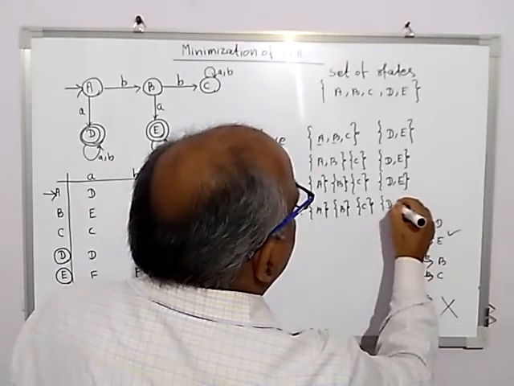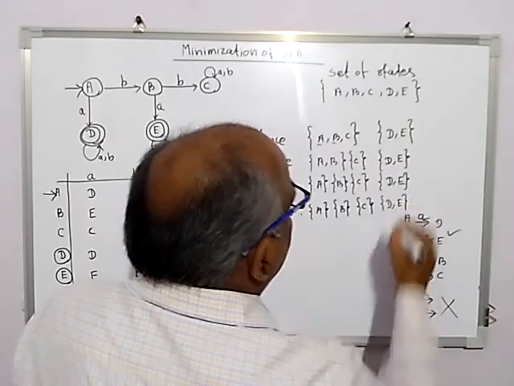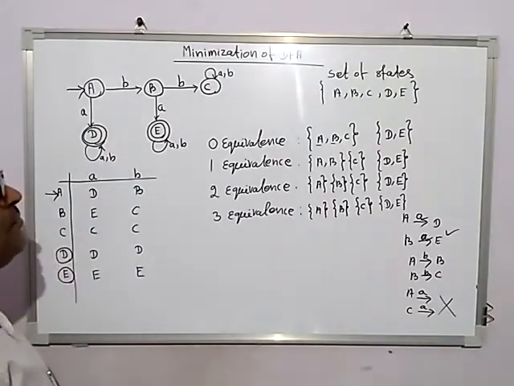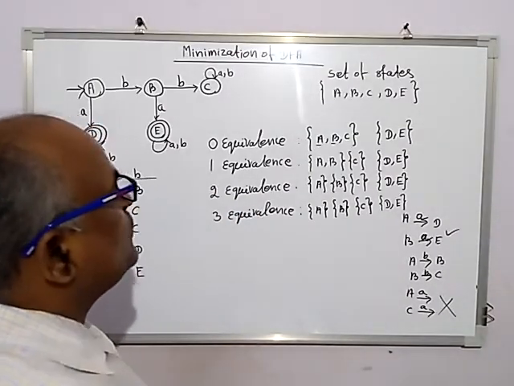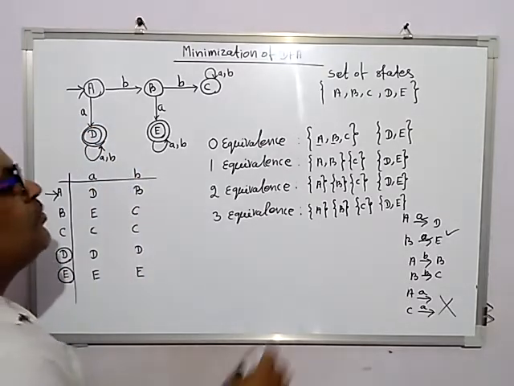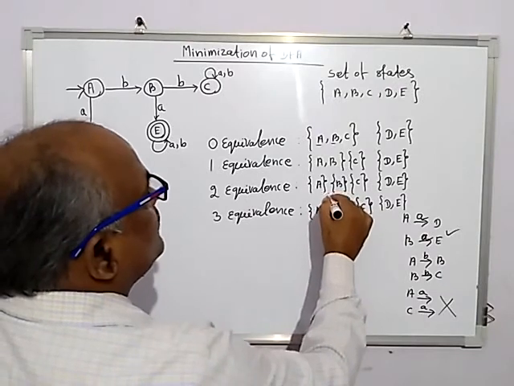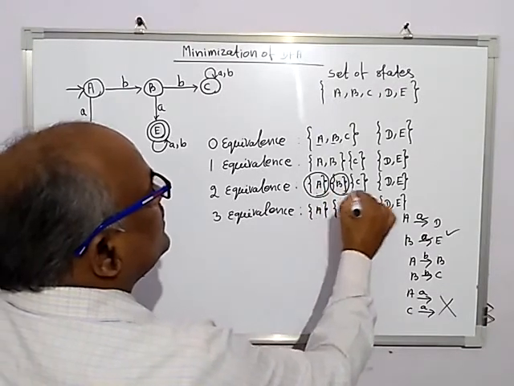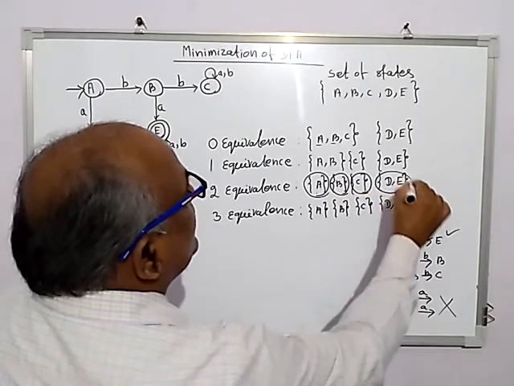So we write D, E. Now you see two equivalents and three equivalents are the same, so we stop the equivalence partition. After stopping, we consider each subset as a state. So this is a state, another state, another state, and another state.